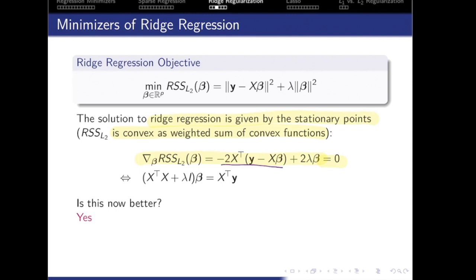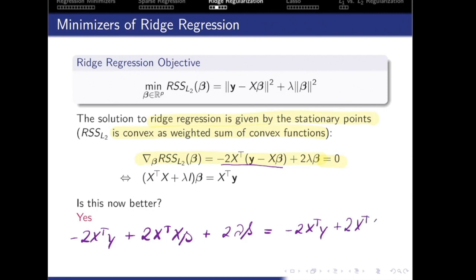And what do we get here? First we multiply this term out, so then we have minus 2 X transpose times y plus 2 X transpose X times beta plus 2 lambda beta, and this is then equal to minus 2 X transpose times y plus 2 times X transpose X plus lambda times beta, right?